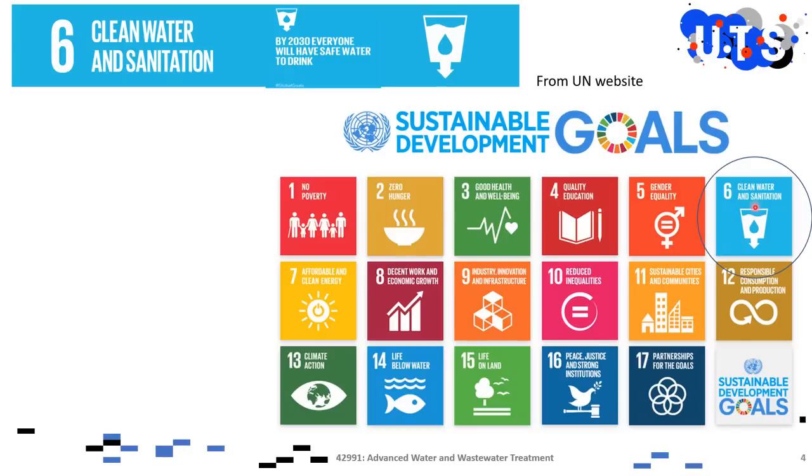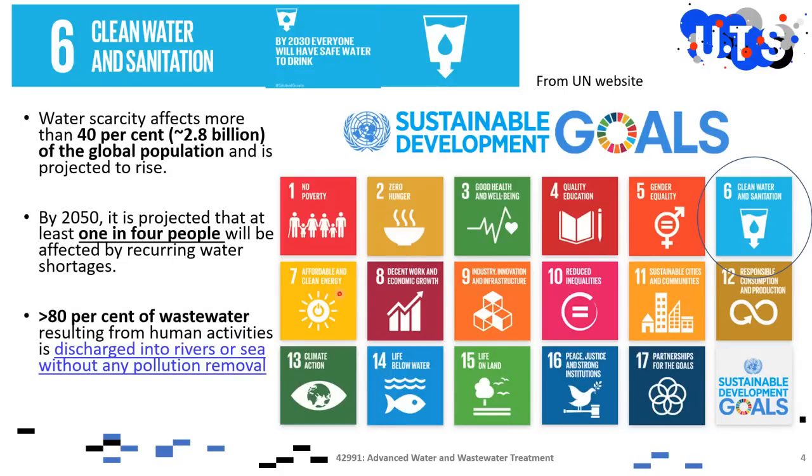Clean water and sanitation is Sustainable Development Goal number 6. There are 17 of them here, and they are interconnected with each other. So when we say water, it is also connected to energy, to climate action or climate change, and some other areas as well, like life on land and life below water.